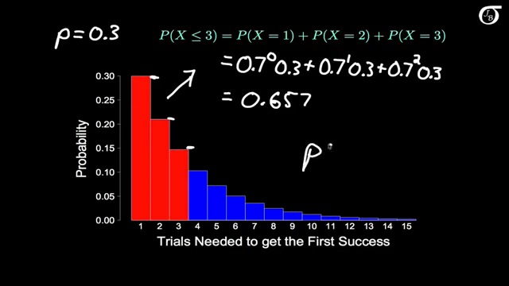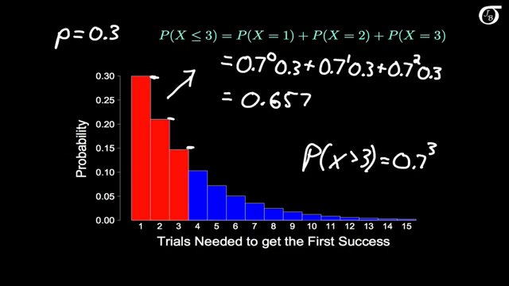The probability that x takes on a value greater than 3 is simply the probability of getting 3 failures in a row, which is 0.7 cubed. This isn't based on the geometric probability mass function, it's based on basic probability rules and a little logic. If the first 3 trials are failures, then x must take on a value greater than 3.